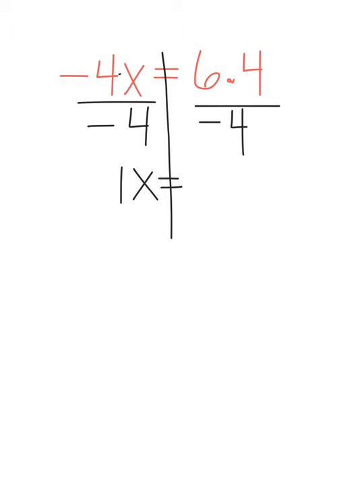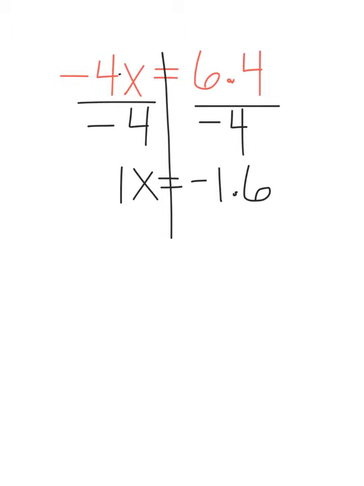And that's what we want. We want to divide by the -4 because we want it to be a positive 1x. And when we do our math here, we get a -1 6/10. So the inverse operation on this one, the inverse of multiply, was to divide both sides.